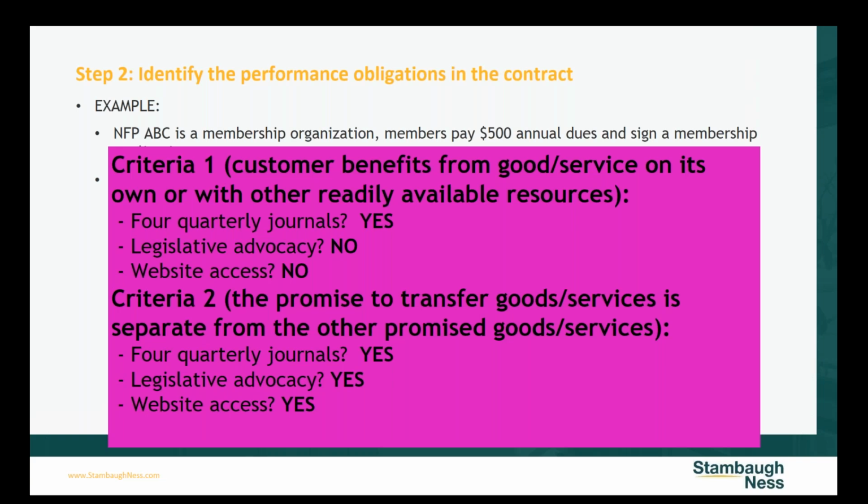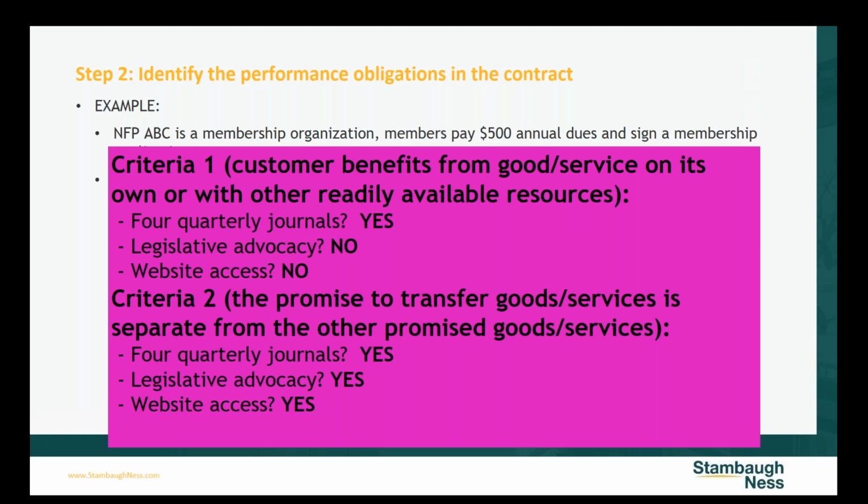I can't go to this membership organization and just purchase legislative advocacy, and I can't just purchase the website access. I have to have everything all in one, but the two are different from each other. They could offer this membership benefit with only one of them. They don't have to have both the website access and the legislative advocacy.